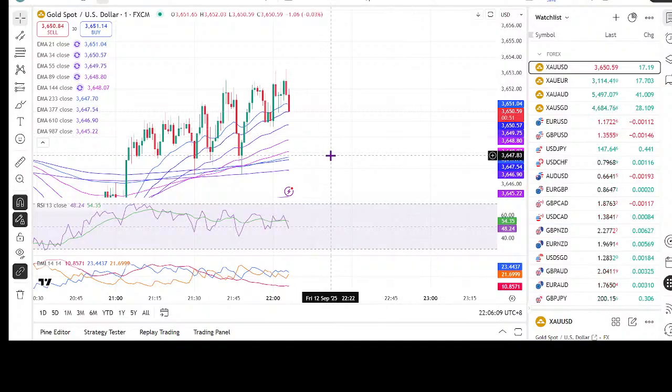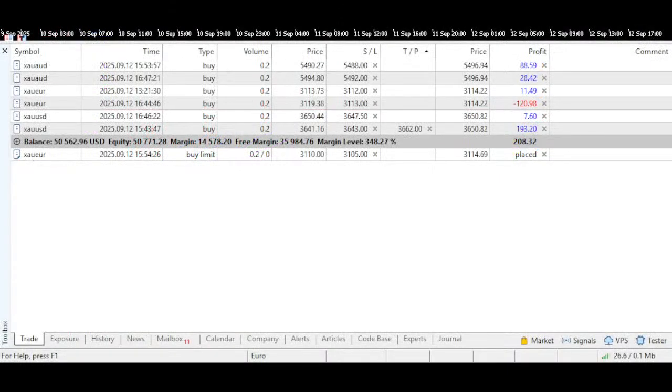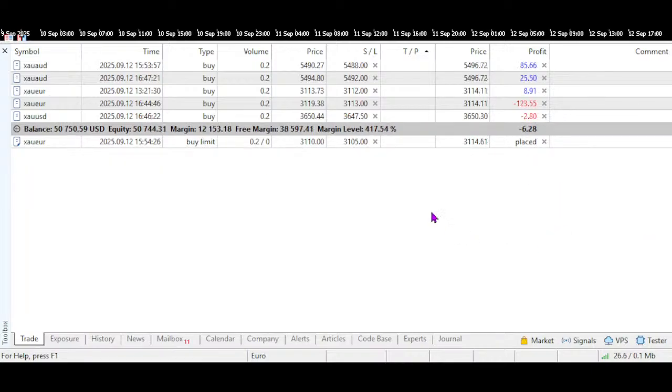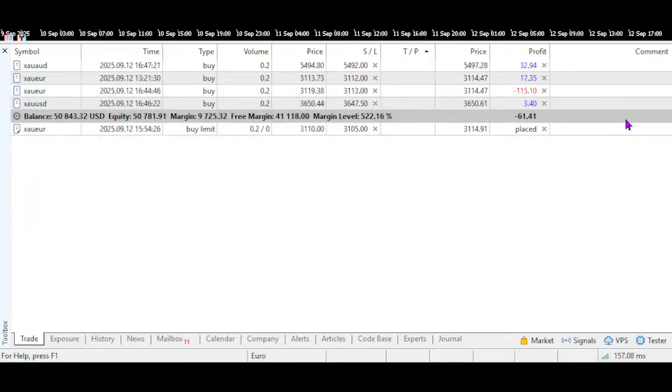So I think what I'm going to do now, I'm not convinced. I want to take this profit. I'll just close this, then I'll wait for the others, because the market looks not convincing. Once the break has happened, we should be seeing the price pushing higher.